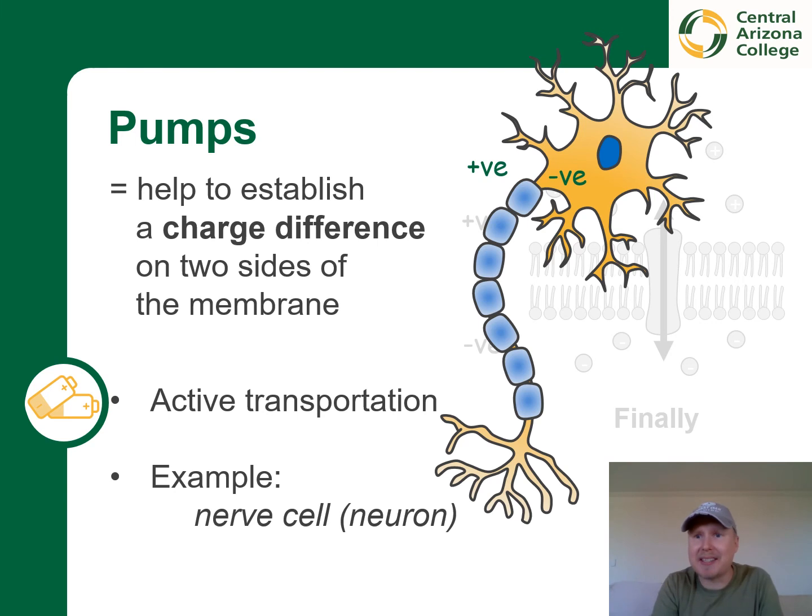To do this, we need to first have a negative charge inside the nerve cell. This is at its resting state. And when an electrical impulse travels, this changes momentarily into positive. In fact, the charge inside the nerve cell is typically negative 70 millivolts.